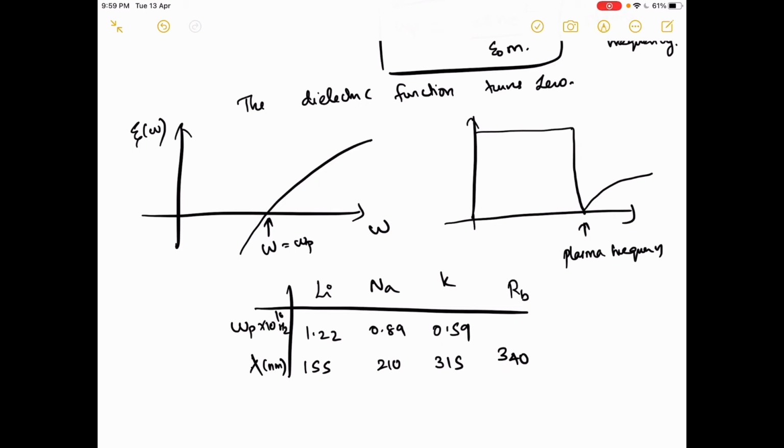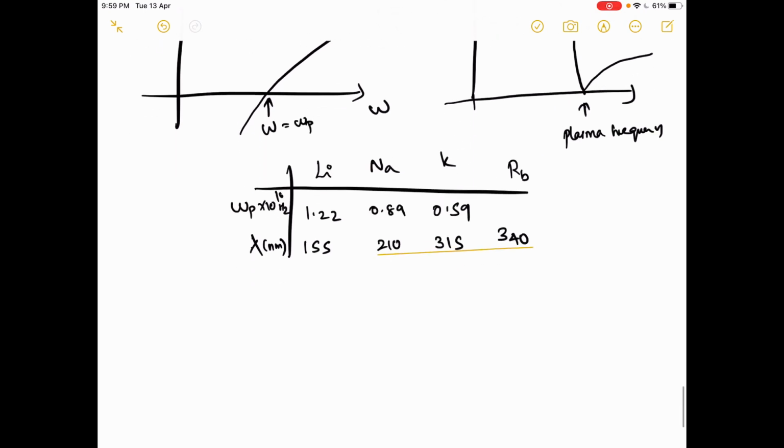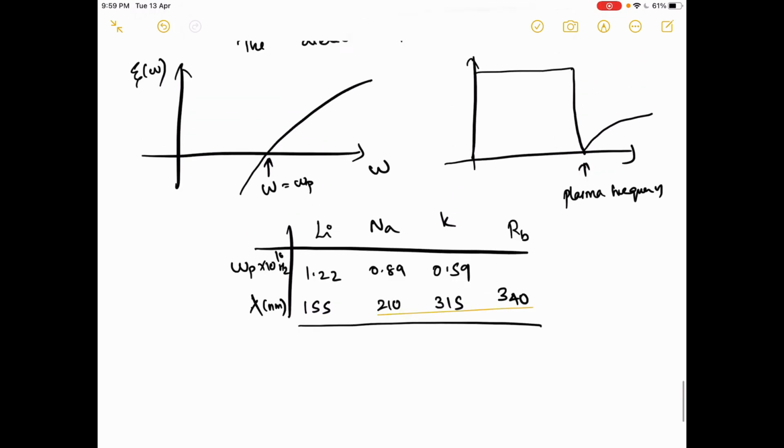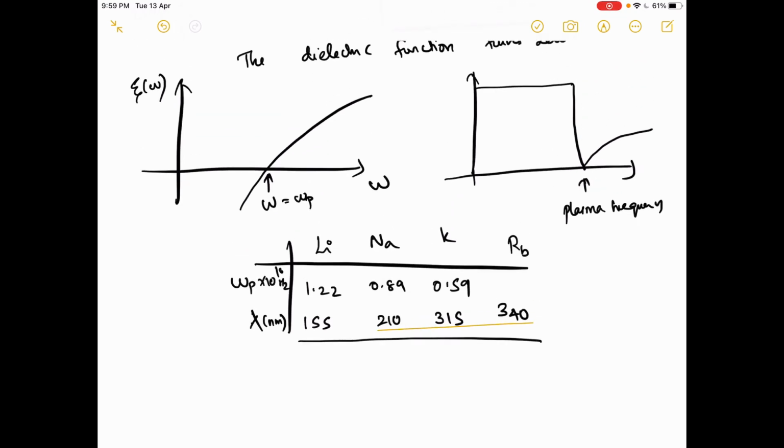What is the wavelength of green light? It is about 532 nanometers. So it's easy to see that these plasma wavelengths are very close to the wavelengths that we are talking about, right? So what we are trying to say is, if I take, let's say, potassium metal, up to 315 nanometers you will have complete reflection.